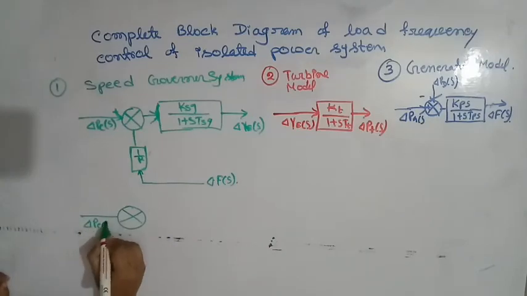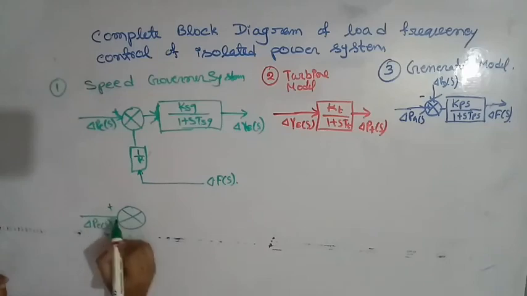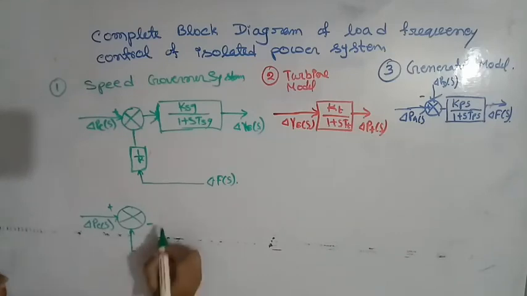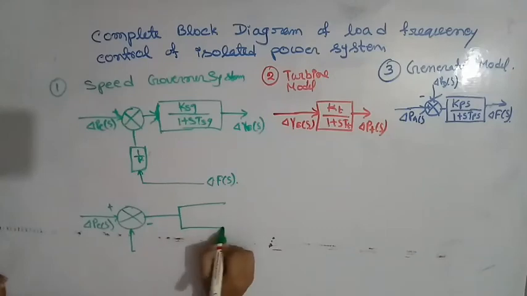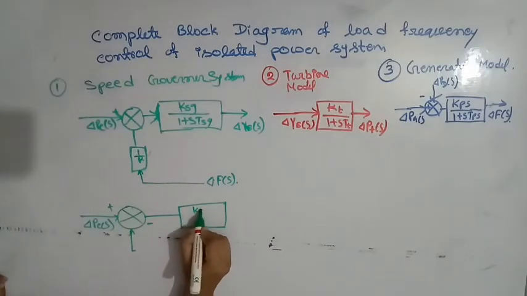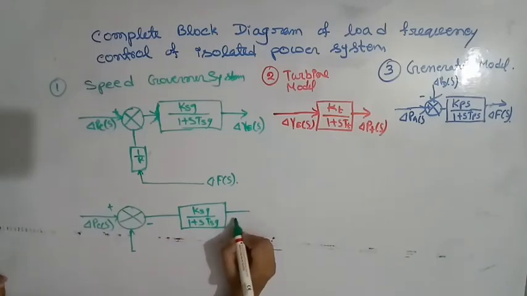This is the input of the speed governor system, with gain KSG by 1 plus S TSG. The output is delta YES.